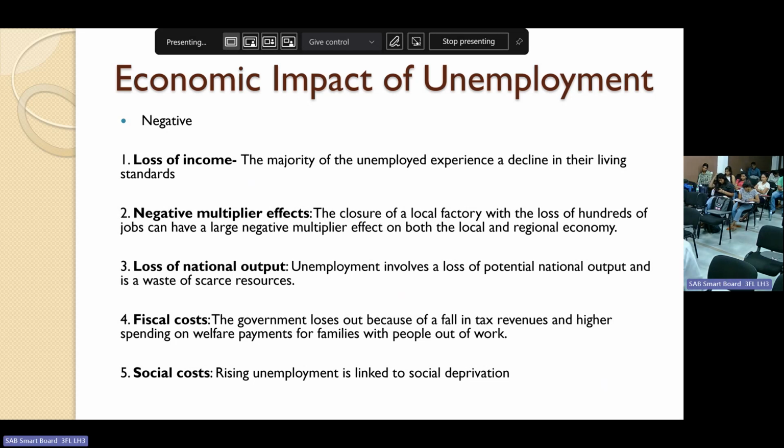The government has made so much expenditure to generate these educated people, but if they are unemployed, that is actually a waste of resources. They could contribute to the output, but since they are unemployed, we cannot expect a contribution from them to the economy. There is also a loss to the government, and a social cost also, because of unemployment.